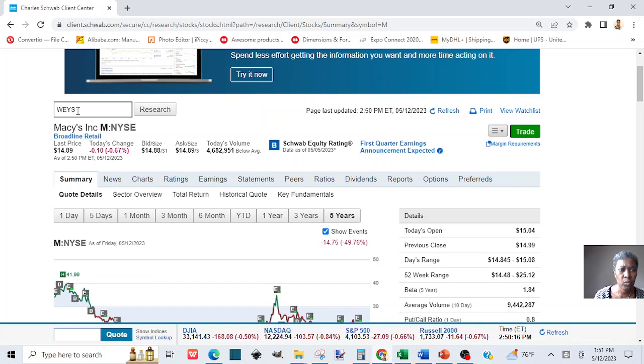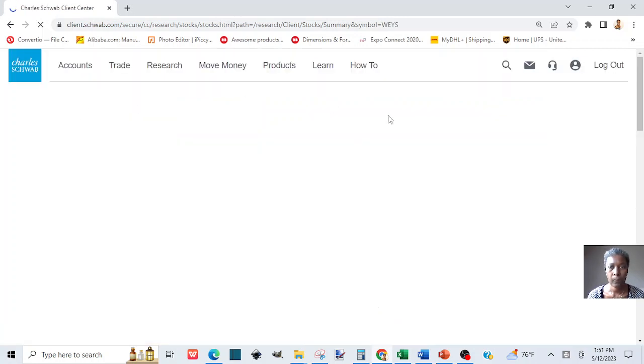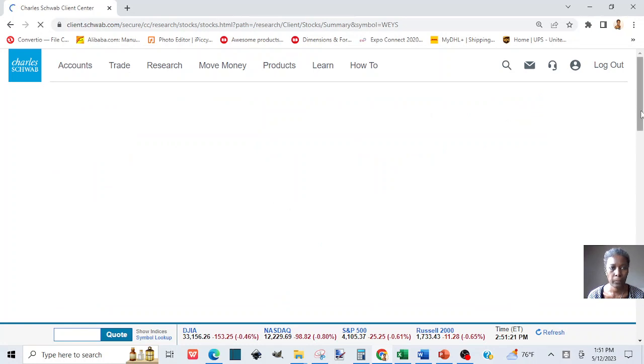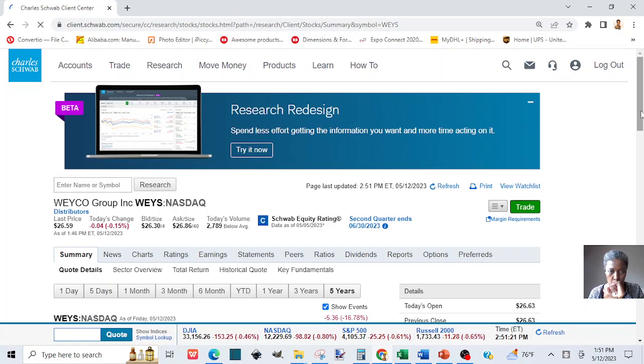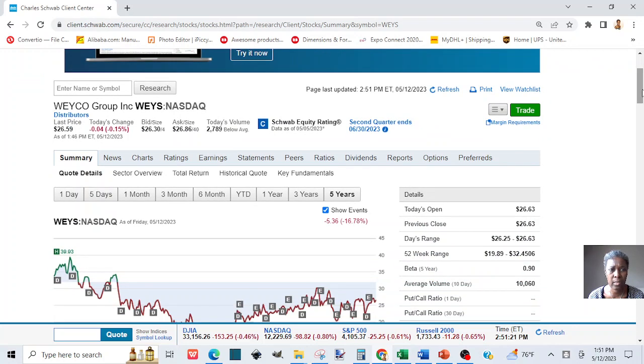You'll do your search by batch, and it's on NASDAQ. Okay, and you can see the industry underneath it.